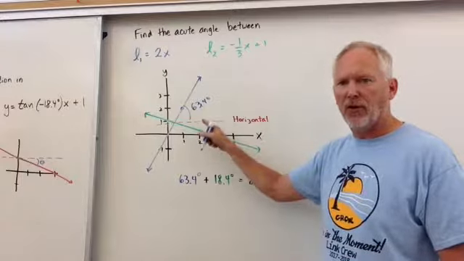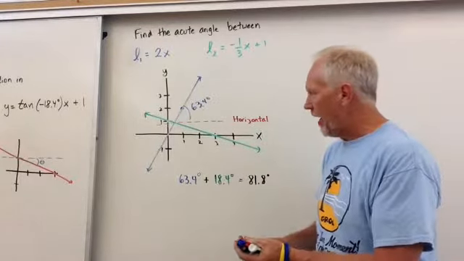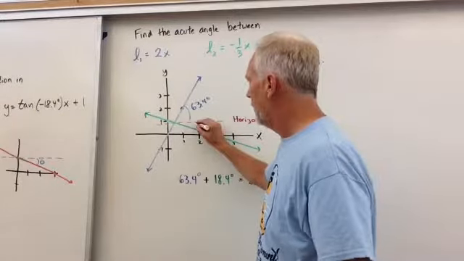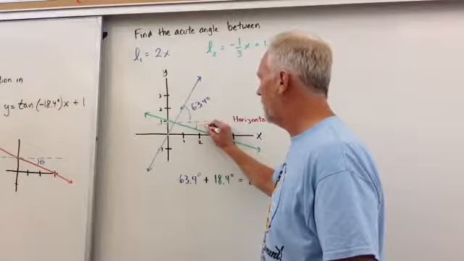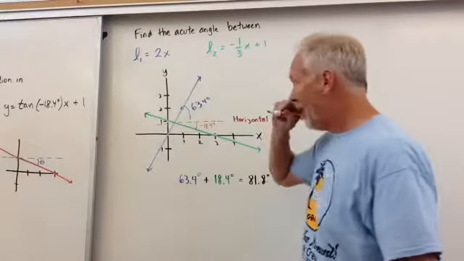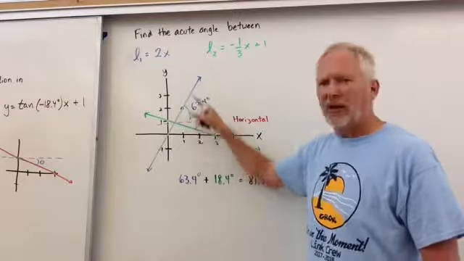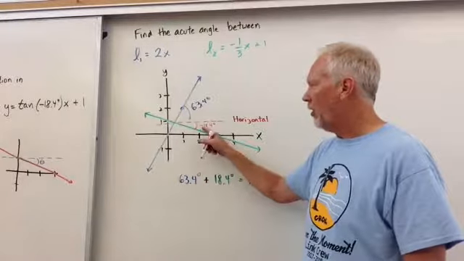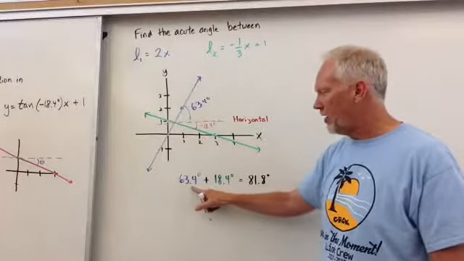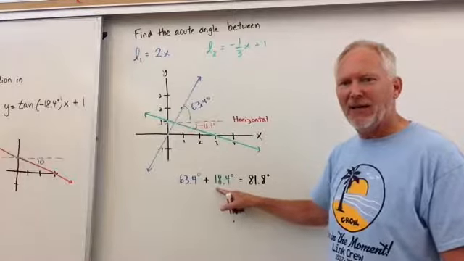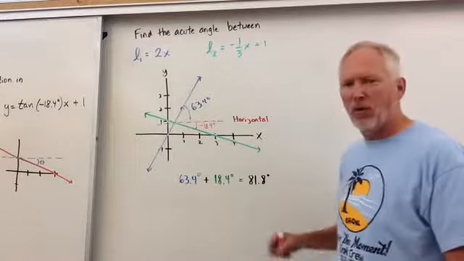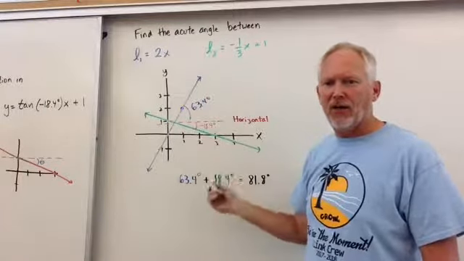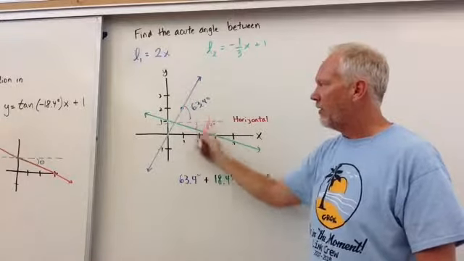Then we found that on the green line, from the horizontal down, it was negative 18.4 degrees. However, if I'm here and I'm including these, what I really want to do is add those two. So I'm not going to call it negative 18 anymore, I'm going to call it a positive 18 degrees. So I'll take 63.4 degrees plus 18.4 degrees, and that is 81.8, which, acute, by definition, is less than 90 degrees. So yes, I have found the correct space.